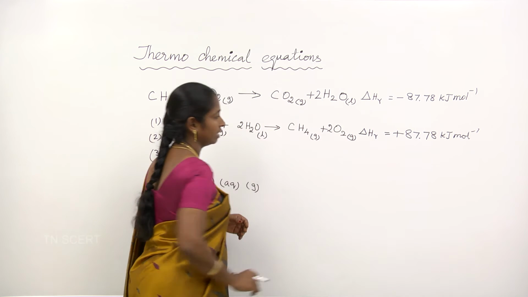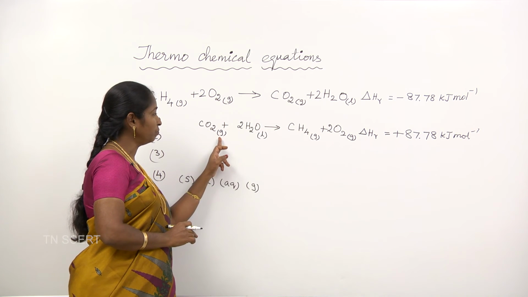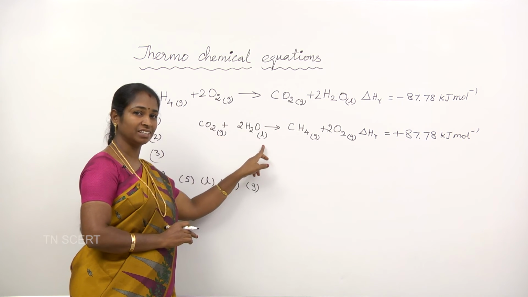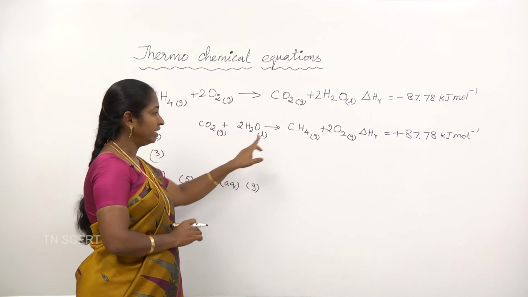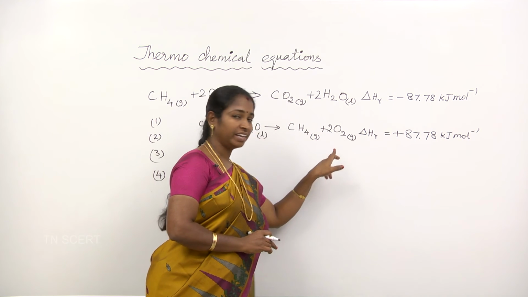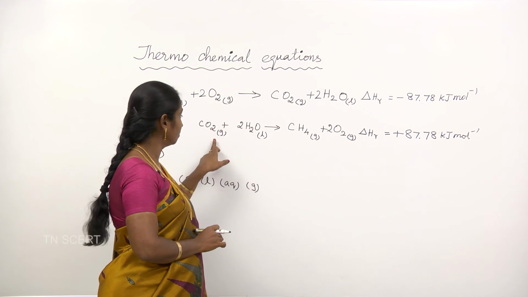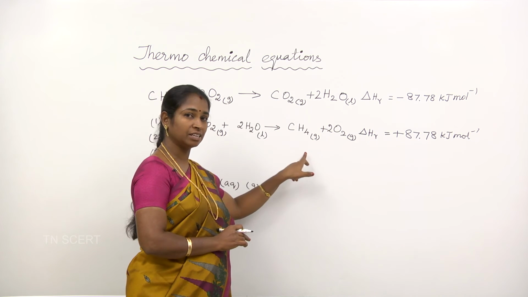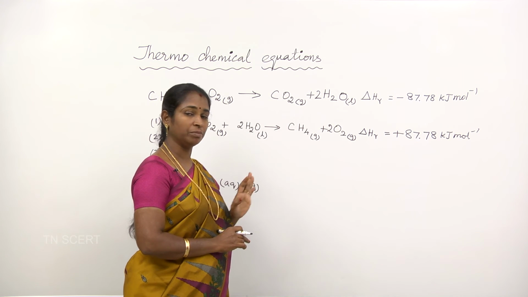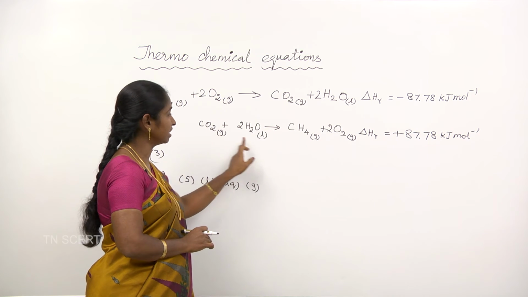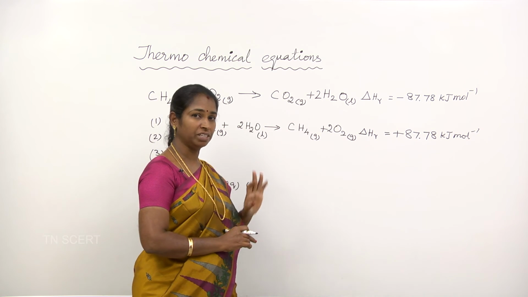oxygen is a gas. What is the purpose of mentioning this physical state here? The delta H value of a reaction depends upon the physical state of the reactants and products. So, in a thermochemical equation, the physical state of the substances should be mentioned.